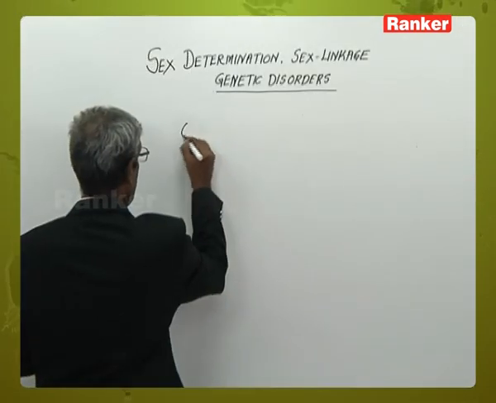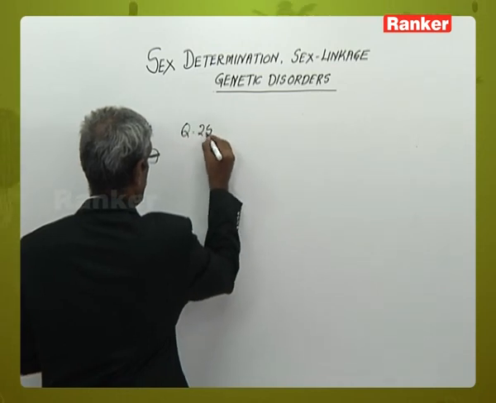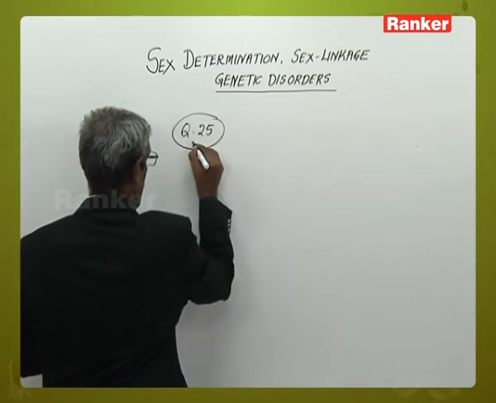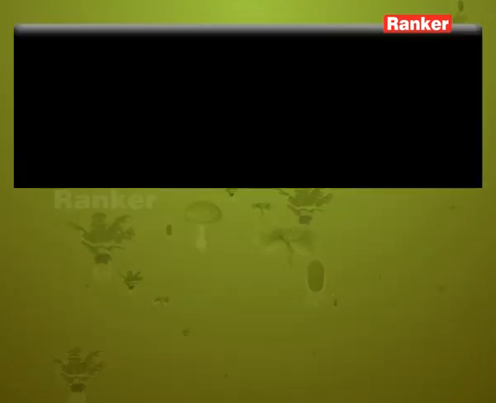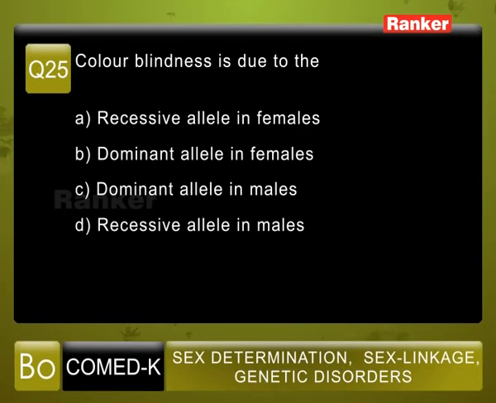Question number 25, again a direct question. Color blindness is due to a recessive allele in females, a dominant allele in females, a dominant allele in males, or a recessive allele in males?